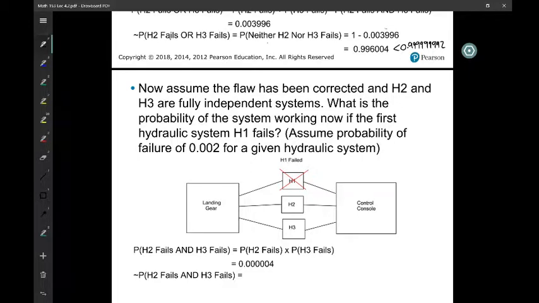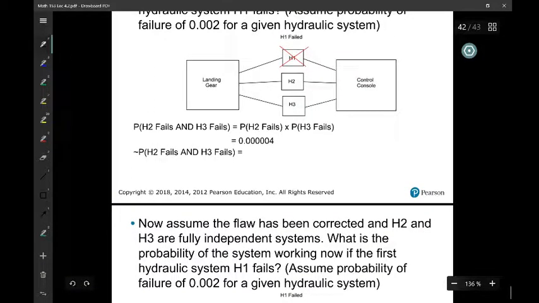So assume that the flaw was fixed and that one of the hydraulic systems failed. So what is the probability of the system working now if H1 failed? So the probability that H2 fails and H3 fails would be 0.002 times 0.002, which would be this number.